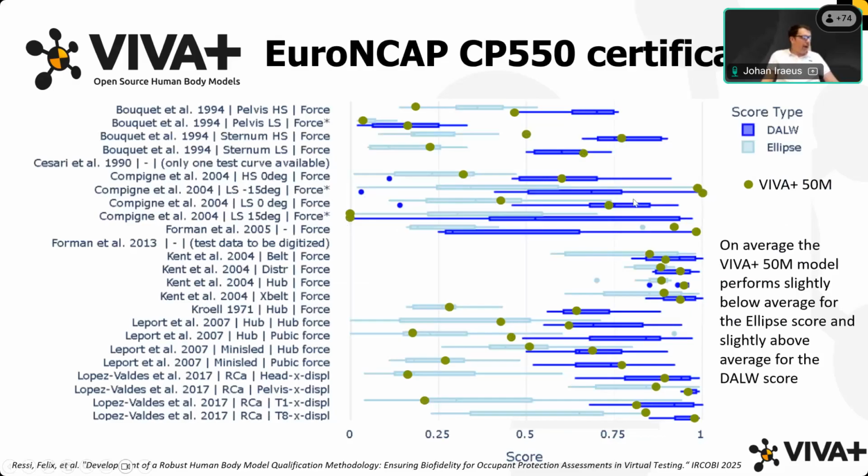So if we average this over all the load cases and all the sensors, we can see that the VIVA Plus model performs just below average for the LIP score, and slightly above average for the other score. So we could say that the VIVA Plus model is kind of average when it comes to the human models, not so much better and not so much worse than the others.